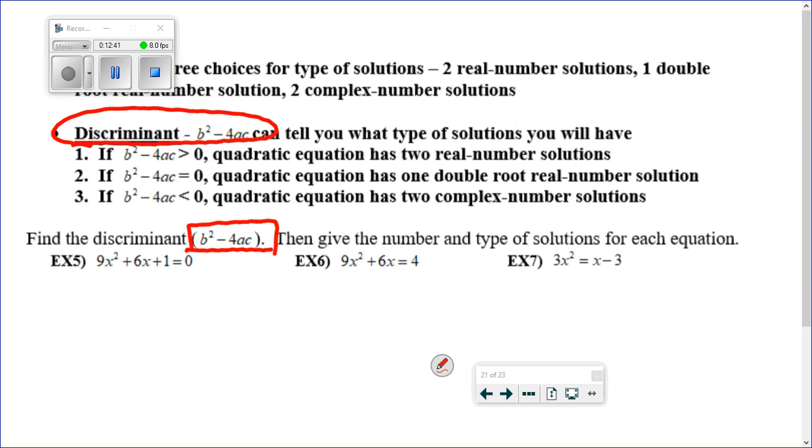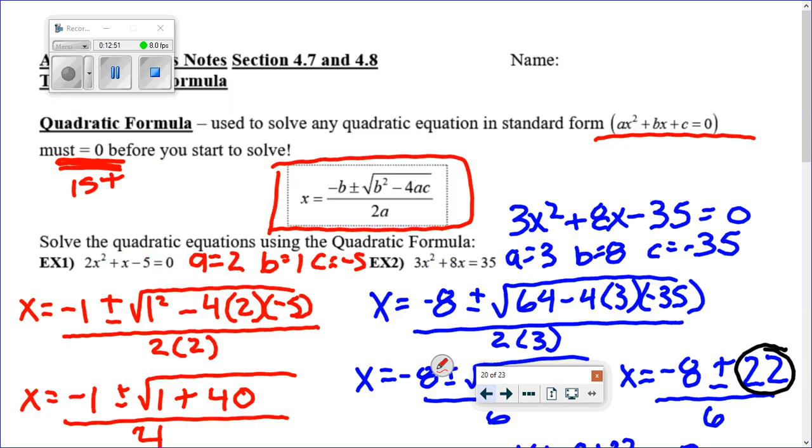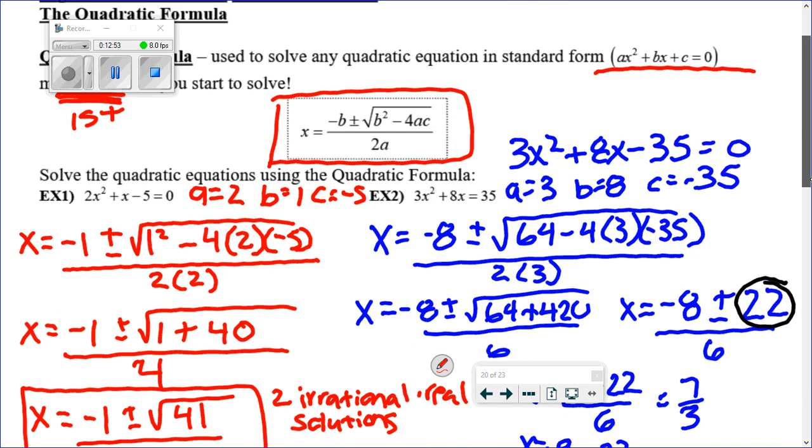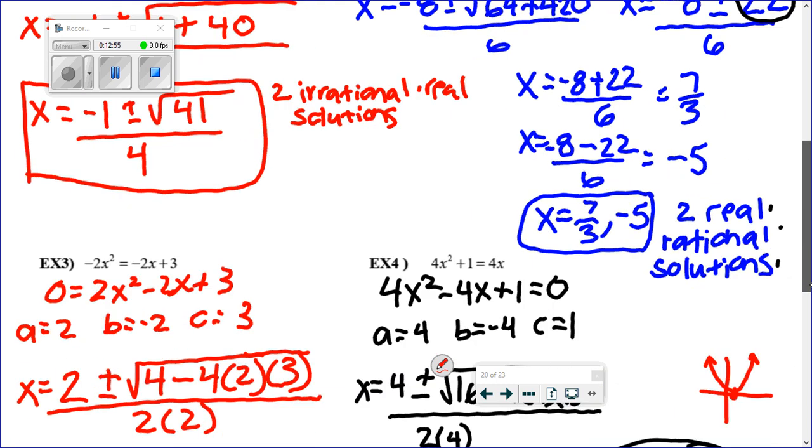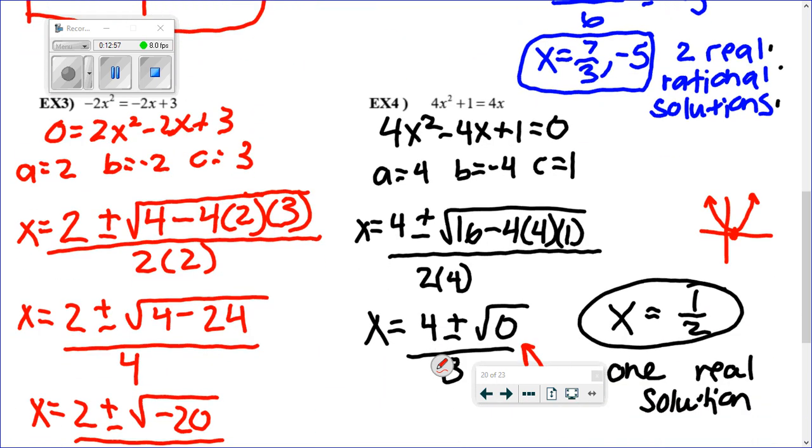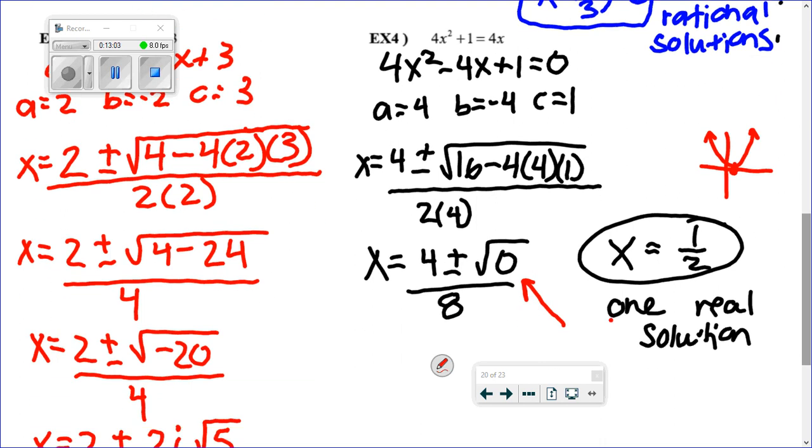It's what you can find underneath the square root in your quadratic formula. Let's talk about what we noticed from our first page. What did you notice when your discriminant was 0? Think about what's underneath the square root. When it was 0, you only had one real solution. We talked about why that happened.